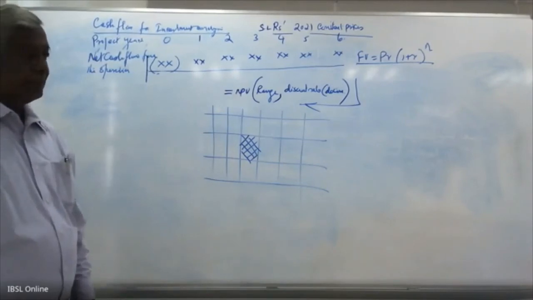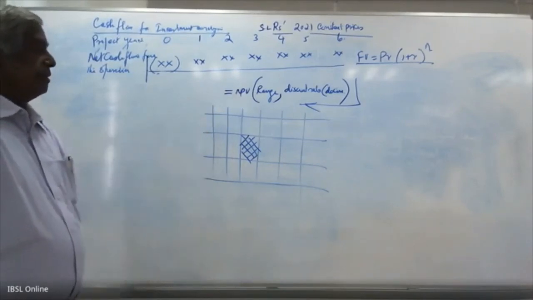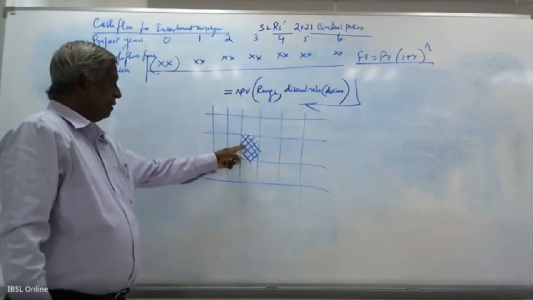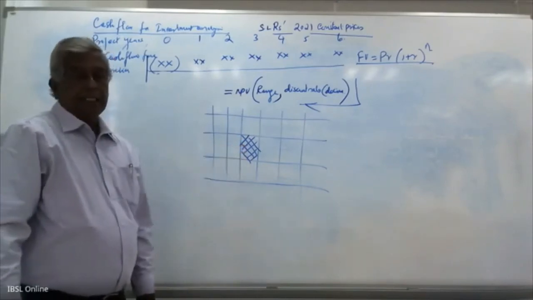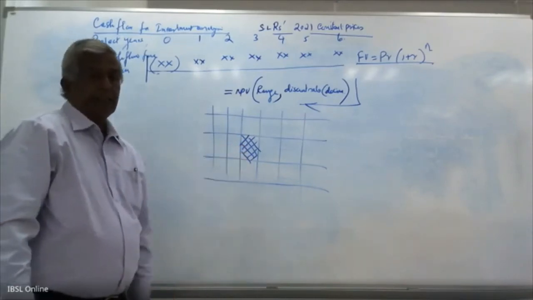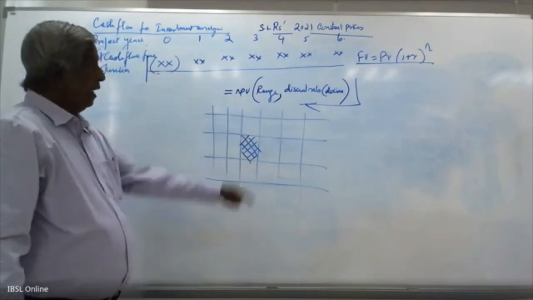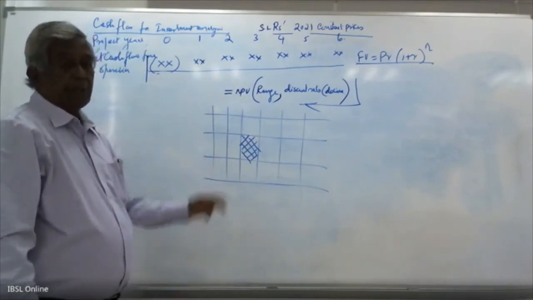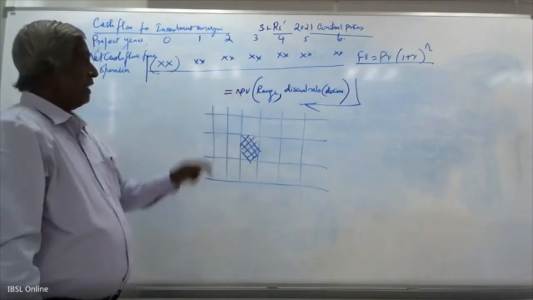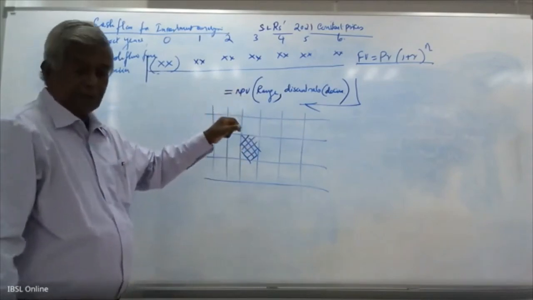Once again, in the spreadsheet, take the cursor to a cell, put an equal sign, type NPV and put a bracket. The computer will prompt you for the range.